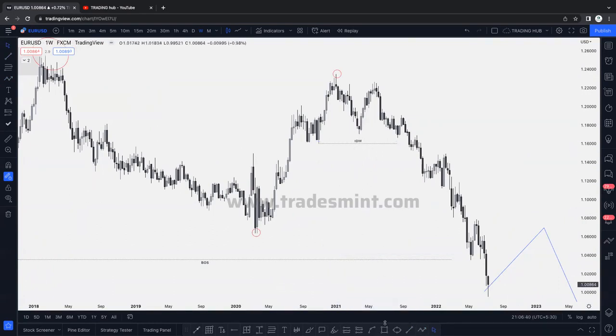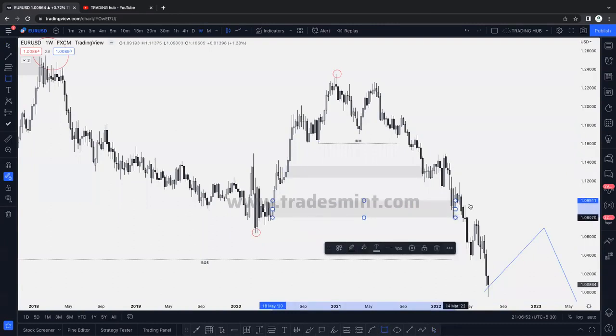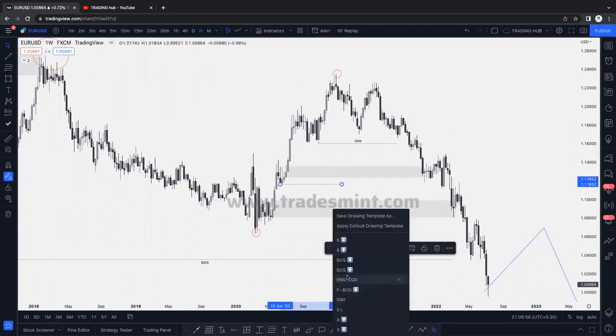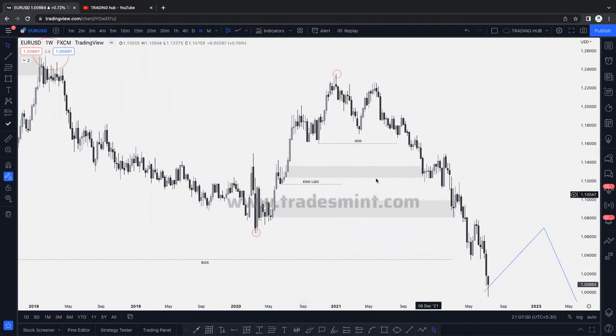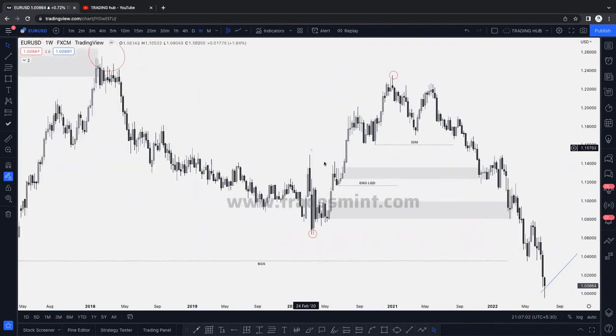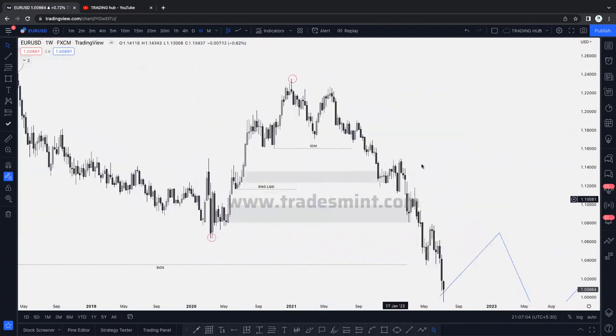And this one is our inducement, and this is our demand zone, because this is an inducement. And where is the extreme, which is here and at this point, and this low is like an engineering liquidity, which is here, correct?